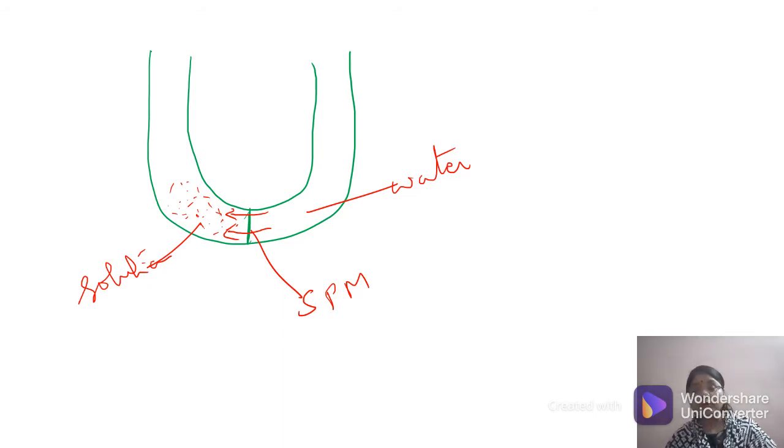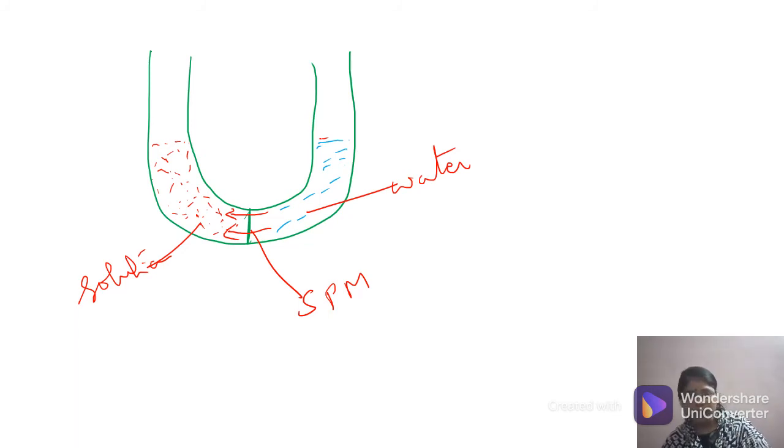Now if I don't want further water to move inside this solution, what can I do? Suppose the solution is still here and the water, suppose I made it blue, is still here. The water will start moving and the solution will start moving up.